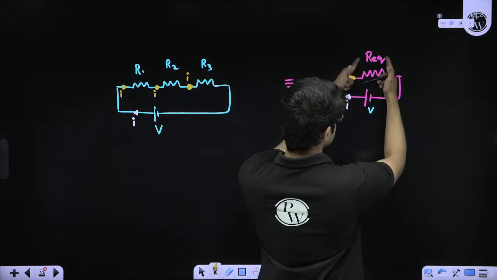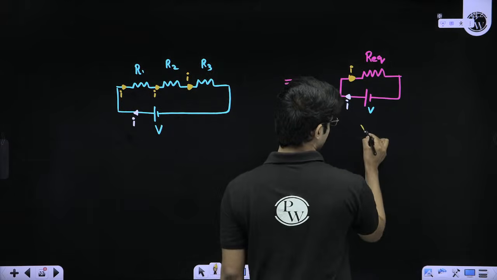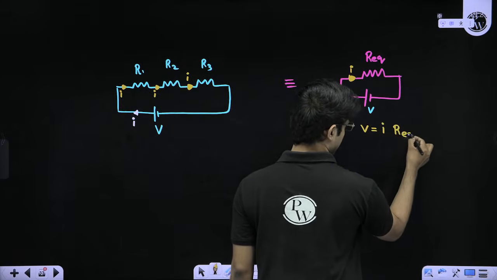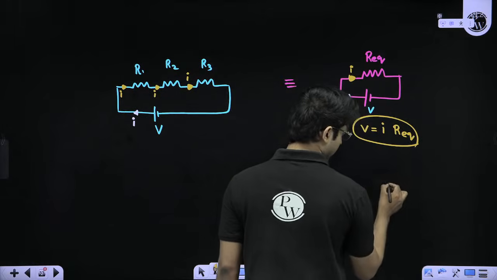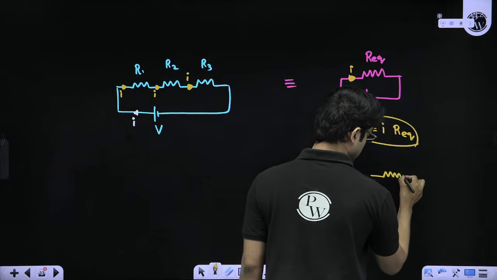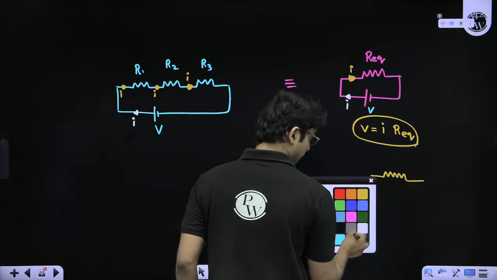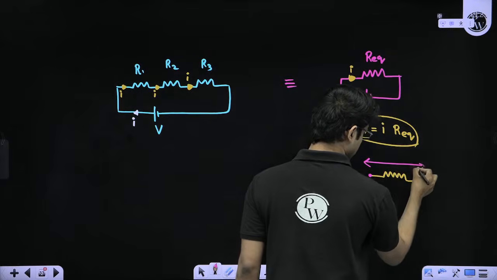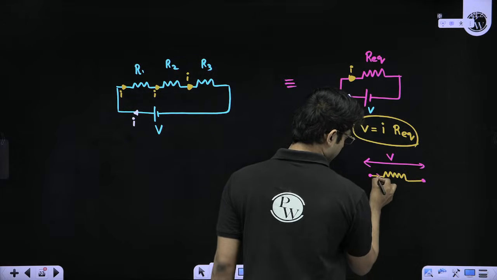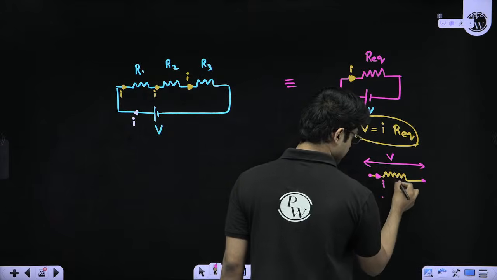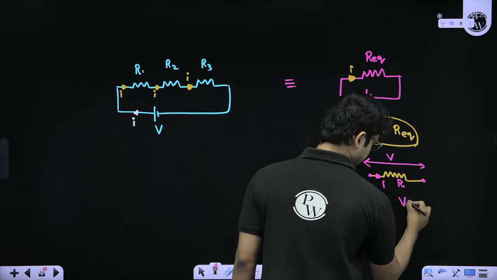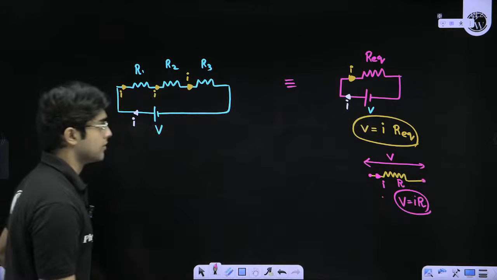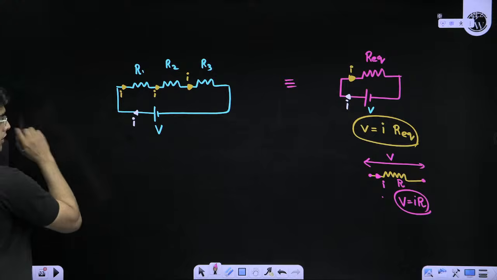The potential difference across the resistance is V, and what was Ohm's law? V equal to I into resistance. Whenever you have a resistor and you know the potential difference across it, V, and the current through it is I, you can always write V as IR.